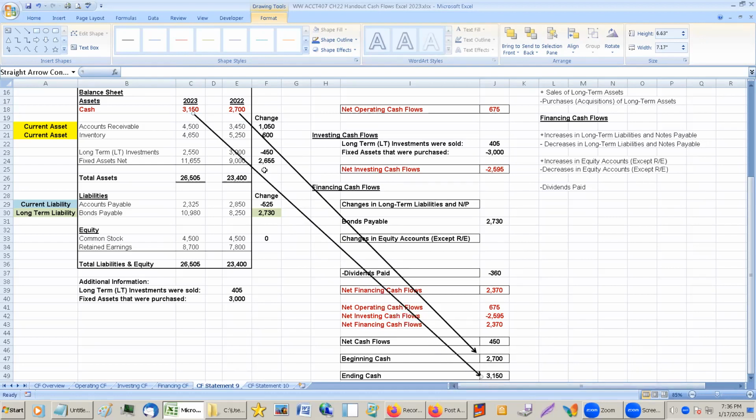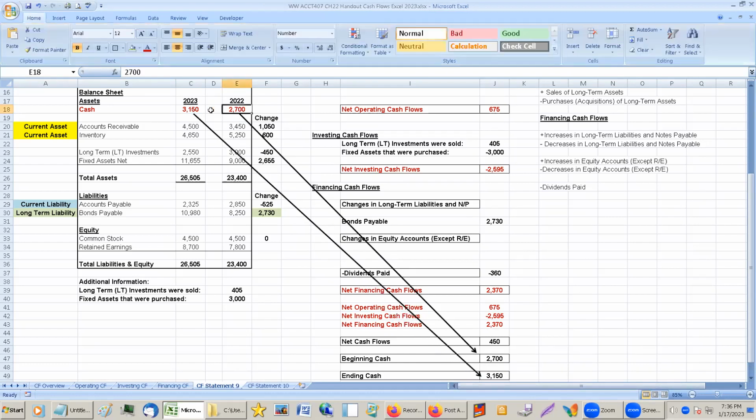So basically, we just explained how the cash went from 2,700 up to 3,150 through these three different sections here. I don't know if that makes it more confusing or not, but anyway.